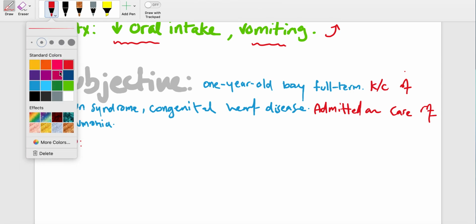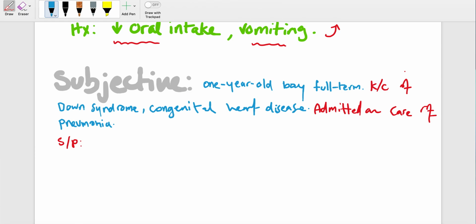Status post, we said he was admitted to the hospital 1 month back for uricopexy. So uricopexy, 1 month ago.